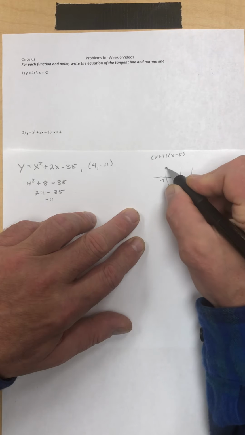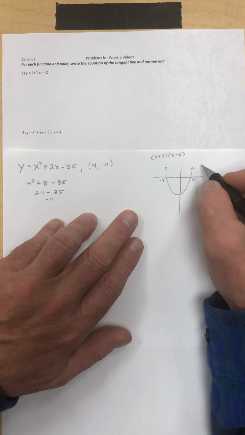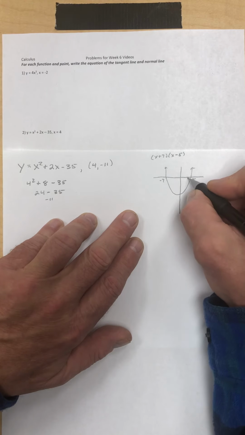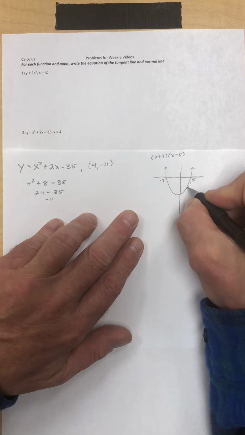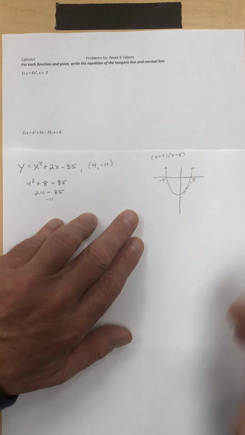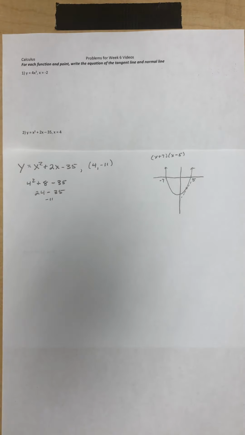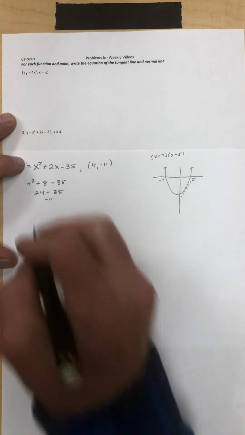That's rough. And we are at 4, negative 11, so we're down here somewhere. So it looks like I'm going to get a positive slope for that tangent line, so it's going to be increasing. Let's see what happens.